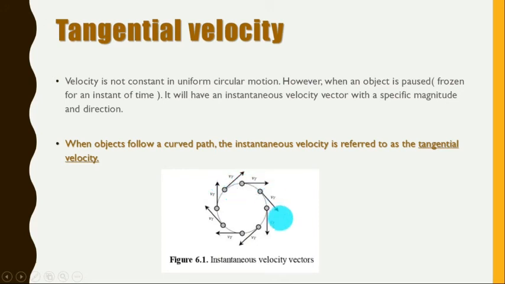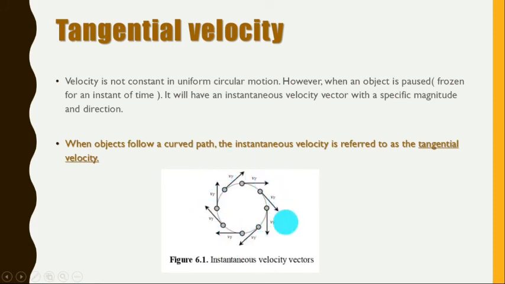Okay, so the direction is changing all the time, but the magnitude stays the same. This velocity we call it tangential velocity. And when an object follows a curved path or circular motion, the instantaneous velocity is referred to as tangential velocity. So if you find the velocity here, you know that this velocity is the same as this one. The same magnitude at any point.